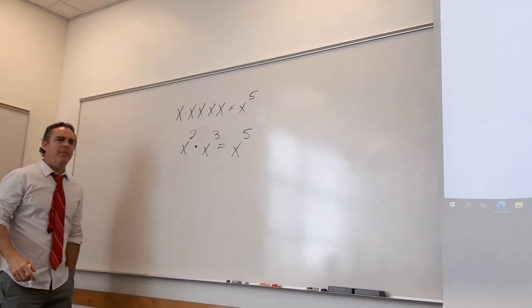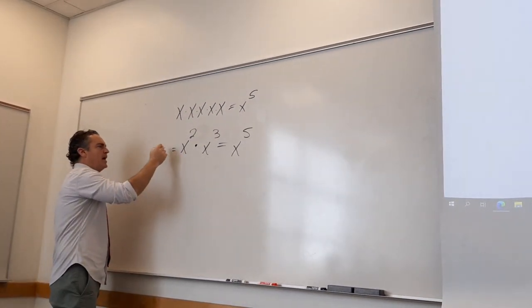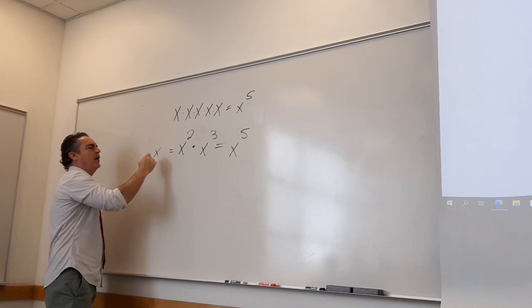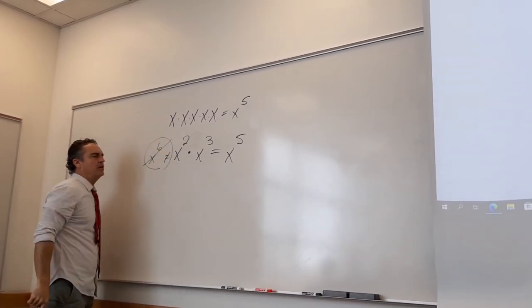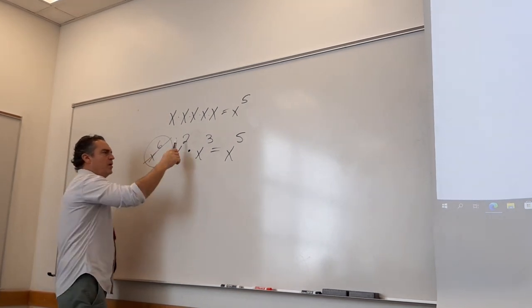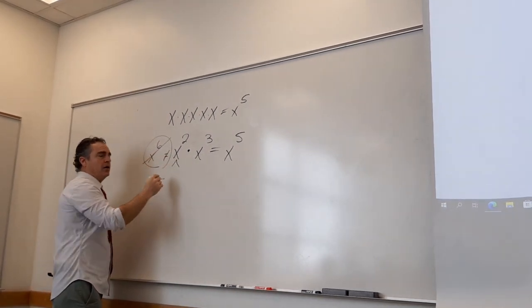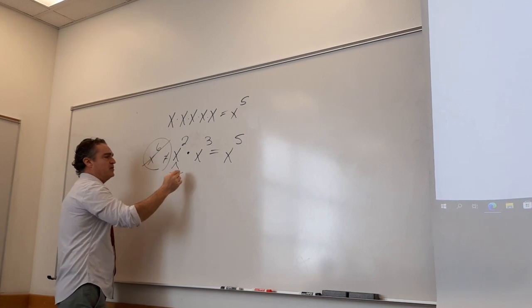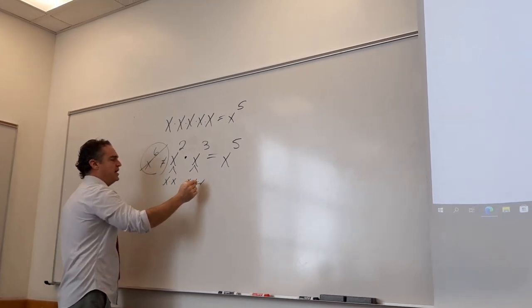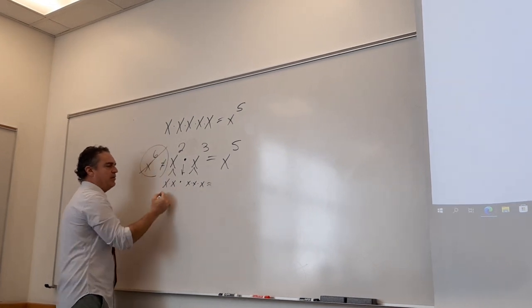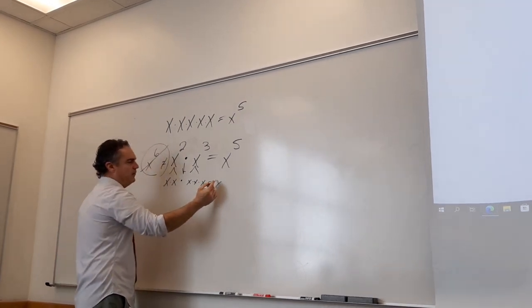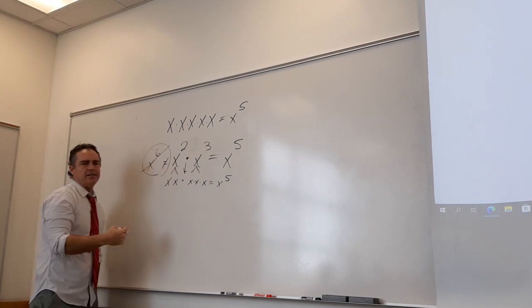But people say, but, Brother Rich, why isn't it equal to x to the sixth? Look at this, shortcut. Do we want to write that that's x times x? Do we want to write that that's x times x times x? Do we want to drop that down so we see it's x times x times x times x times x? How many x's? Yeah, that's x to the fifth. So the shortcut takes us there.